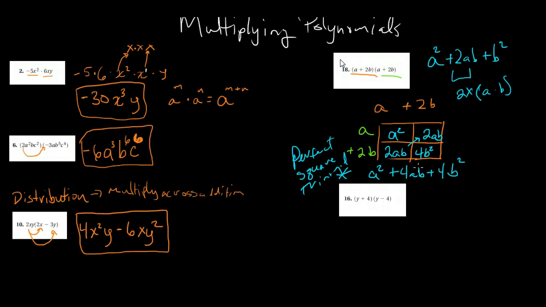That's why I have 4ab in the middle. The square root of a squared is a, so that's what this term is here. When those two a's multiply, I'll get a perfect square. When these two b's multiply, I'll get a perfect square. And if I just took this and multiplied it, 2ab, and then doubled it, it becomes my middle term. You're going to learn to recognize those over time.